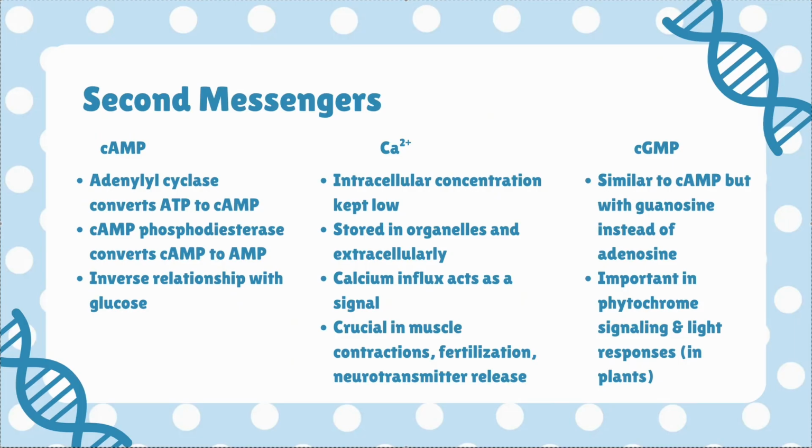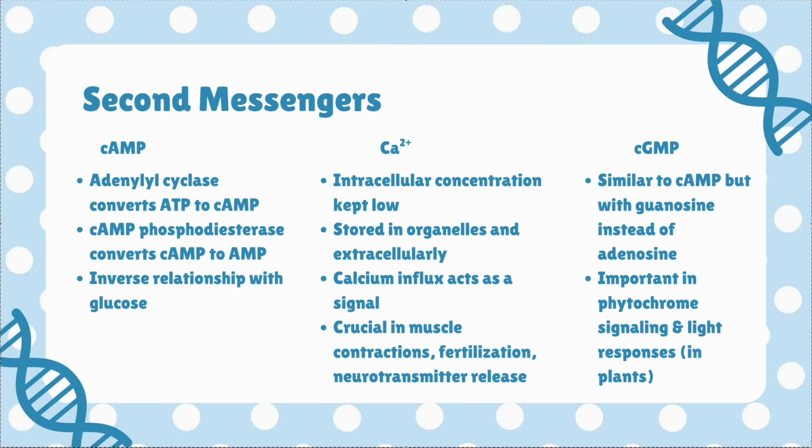And also calcium can bind to calmodulin, which is a protein. And then, similar to the hormone receptor complex, when calcium binds to calmodulin, it forms a calcium-calmodulin complex, which can then activate calmodulin-dependent protein kinases. Now, we will talk about that later.